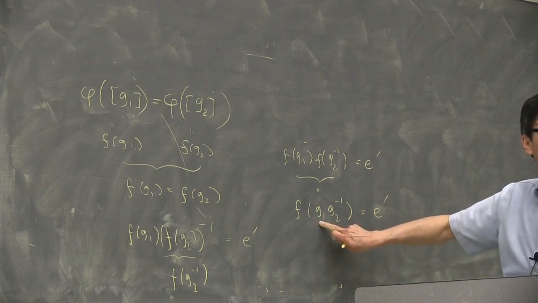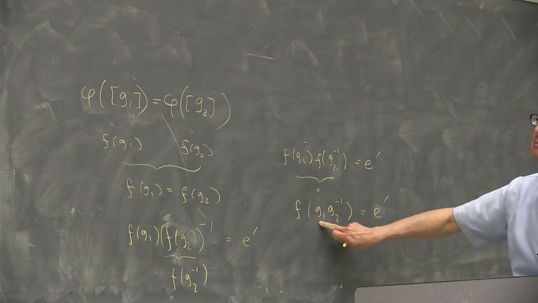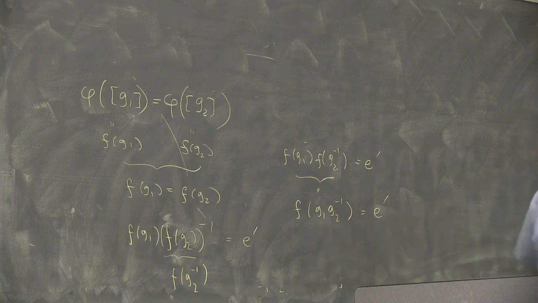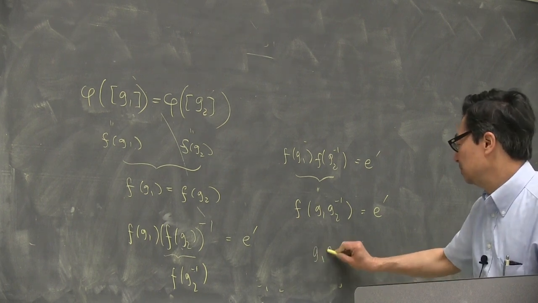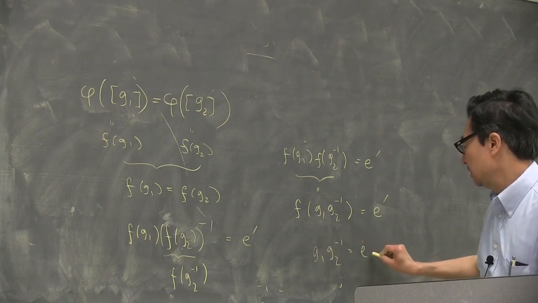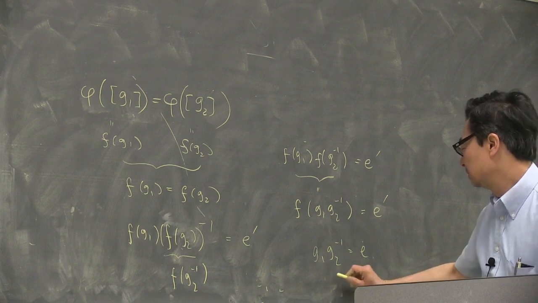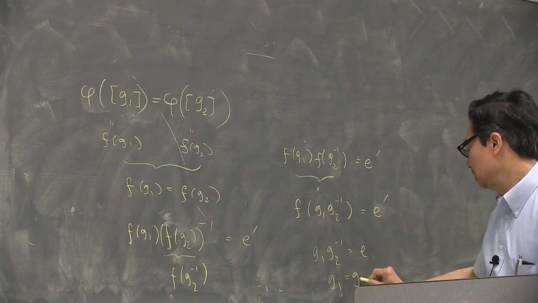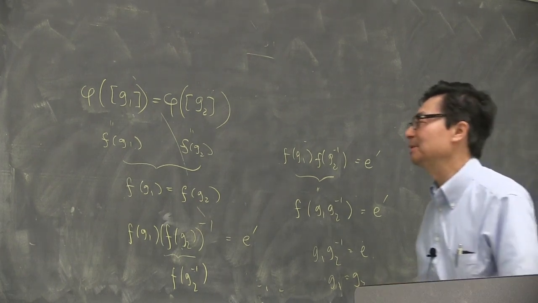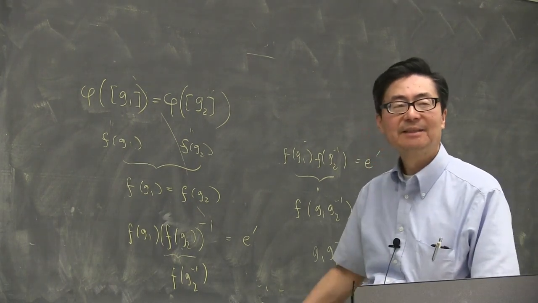There's only one element that gets mapped to the identity, and that is the original identity. Okay? So that means G1 G2 inverse is the identity. So that means what? G1 is equal to G2. That's a one-to-one property.